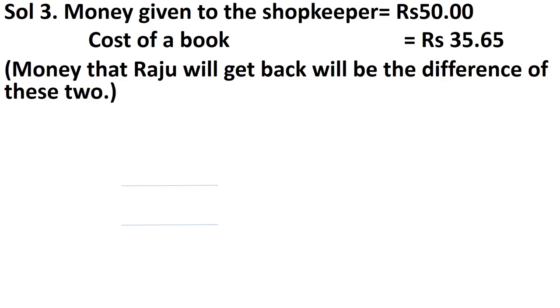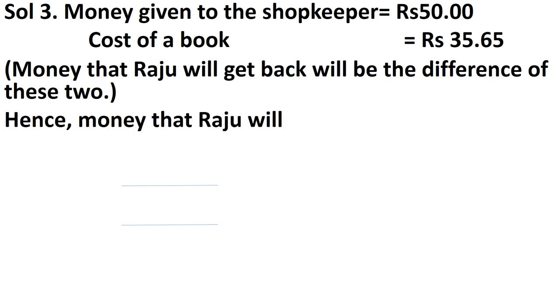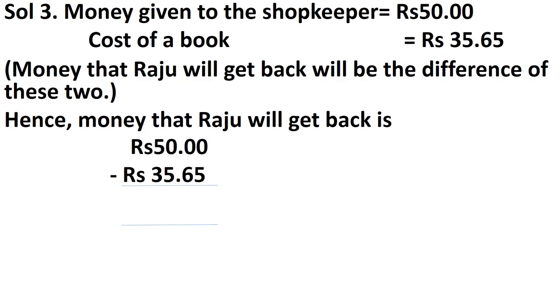I have just written to make you understand. Hence, money that Raju will get back is rupees 50 minus rupees 35.65, which is equal to rupees 14.35. This amount he will get back.